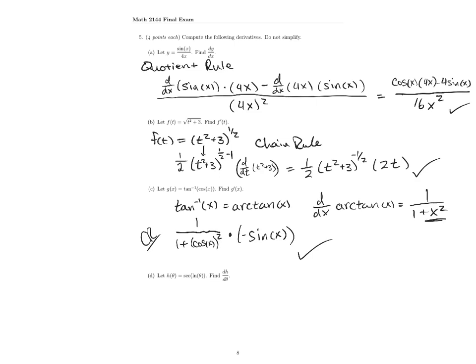The last one is a function that is another composition, now with secant and the natural log. Our important trig formula here is to remember that the derivative of secant gives us secant of x, tangent of x.